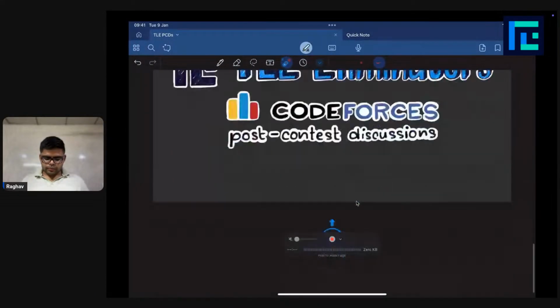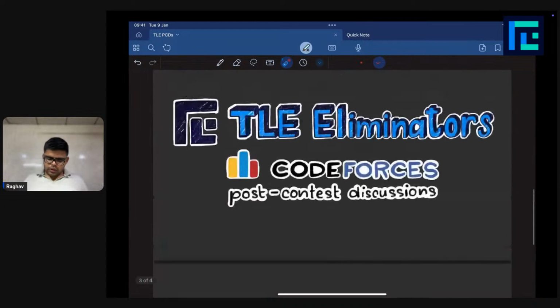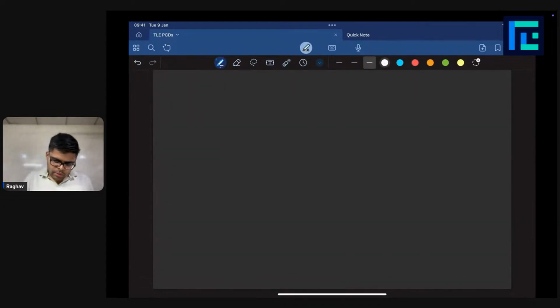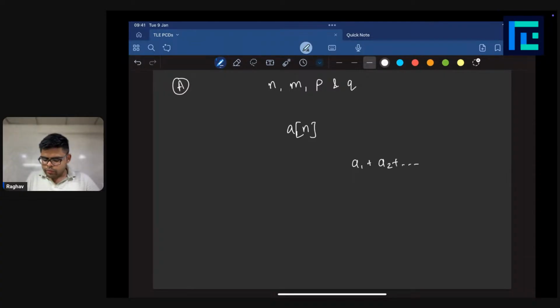Okay, so the A problem here says that we would be given four variables n, m, p, and q. We have to tell if we can construct an array A having n elements such that the sum of all of the elements of the array must be equal to m, and if you pick up any subarray of size p in the array, then the sum of that should be equal to q.